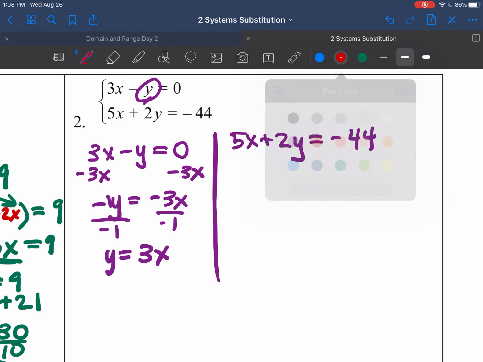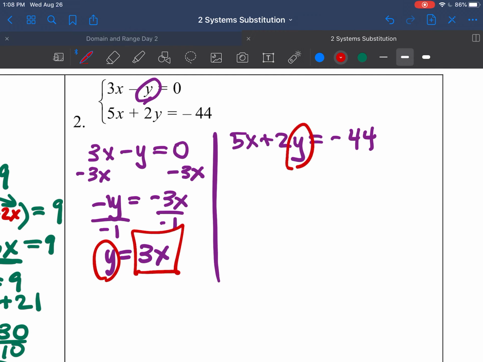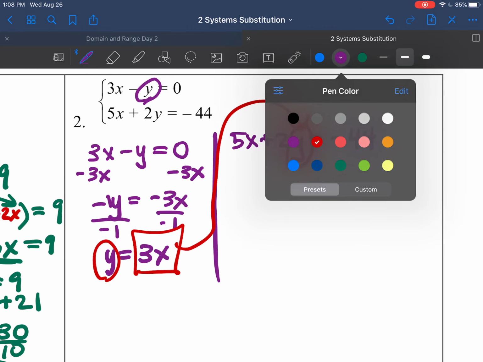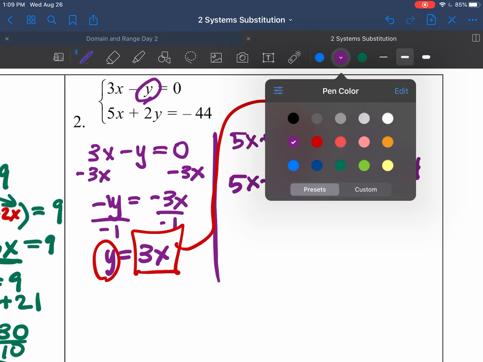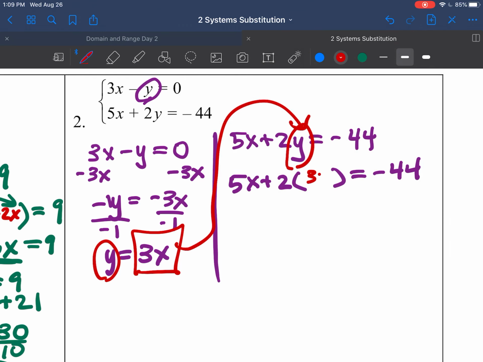So now we can substitute y with the 3x, giving us 5x plus 2y equals negative 44. And instead of y, 3x. This one's even easier to solve because when we distribute this 2, it only goes to one term.